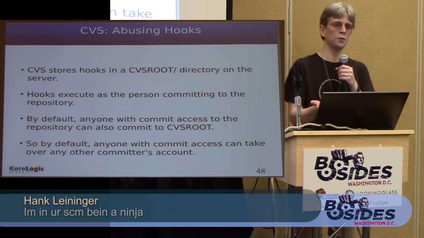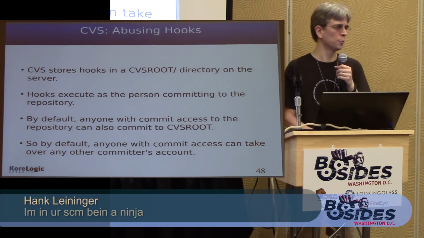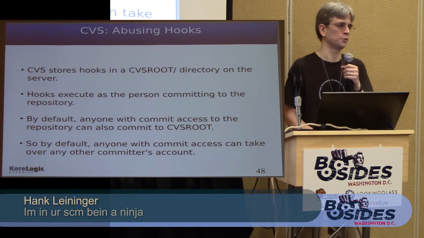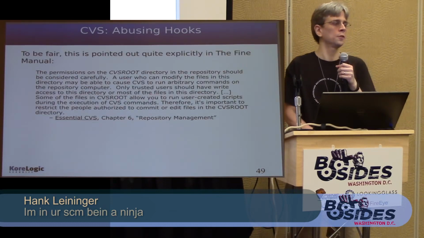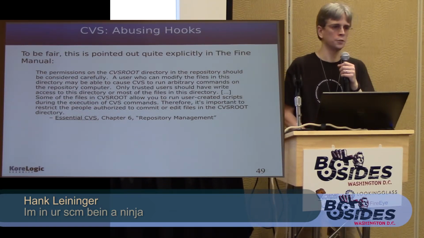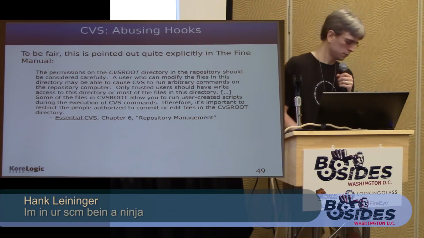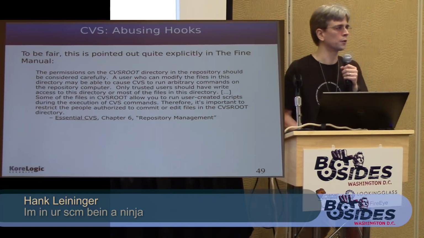By default, hooks execute as the user who did the commit. So what that means is, by default, anybody with commit access to a repo can run arbitrary code as other developers every time those other developers check in. To be fair, this is pointed out explicitly in CVS documentation. They caution you to be careful who you allow write access to the CVS root directory.